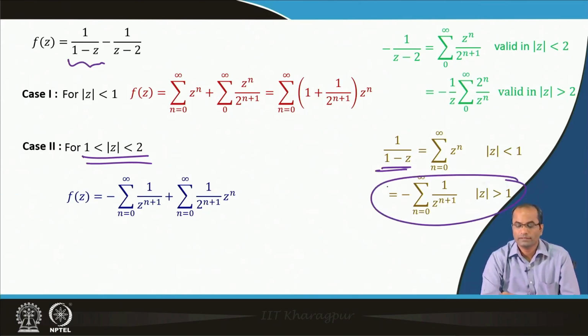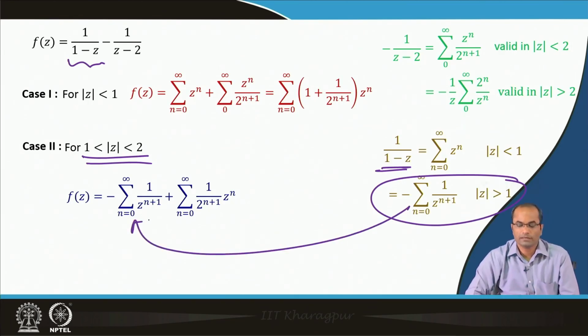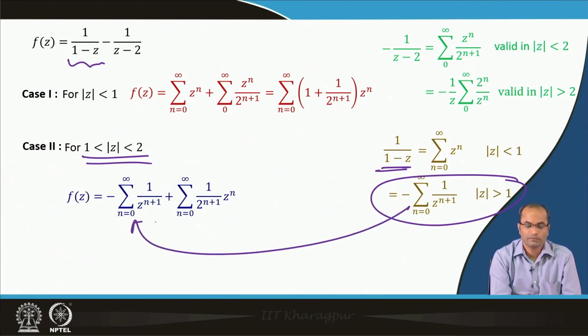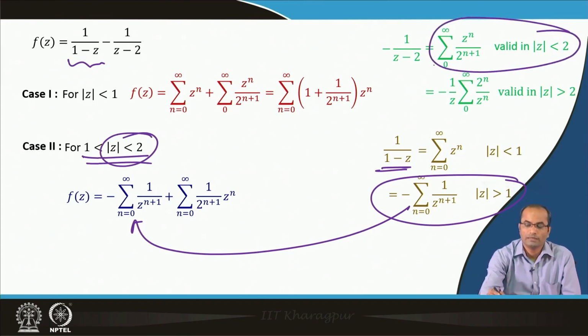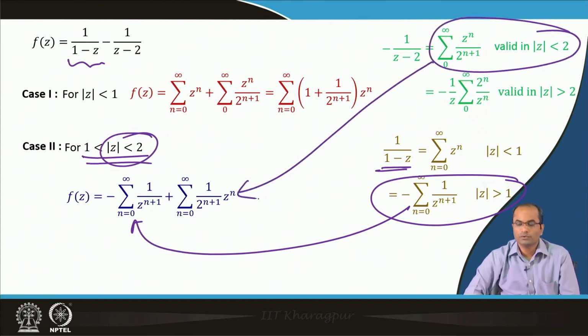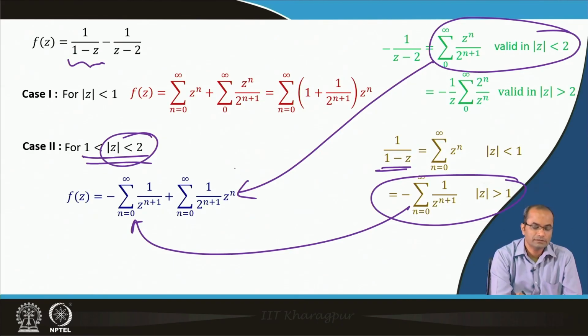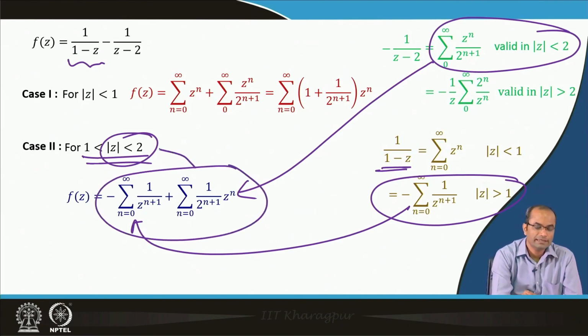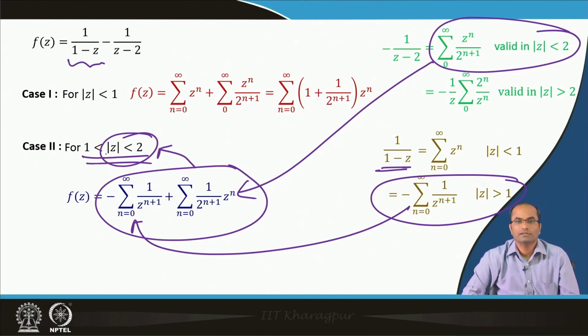So, this is the valid expansion which we will take now, with minus sign, 1 over z power n plus 1, and the second one we are going up to mod z less than 2. Again, this first one is valid for mod z less than 2, so we will use that expansion here, and then we have this as a valid expansion in this region, because both these series are valid in the given domain.